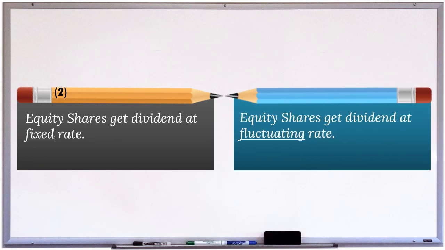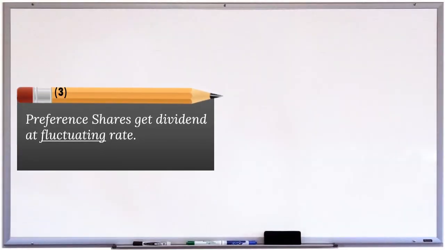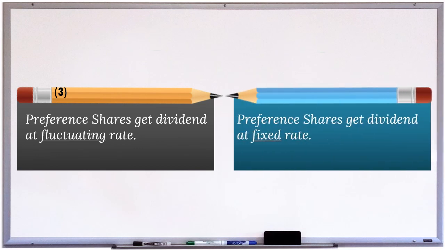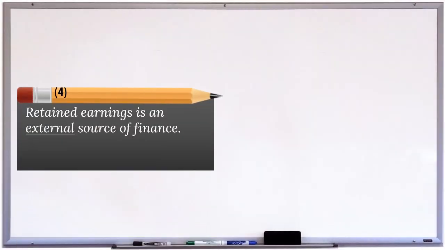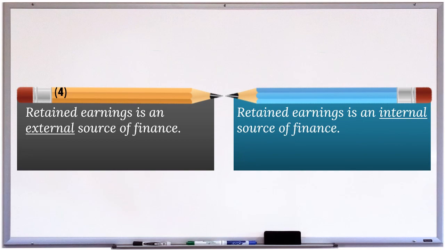Equity shares get dividend at fluctuating rate. 3. Preference shares get dividend at fluctuating rate. Answer. Preference shares get dividend at fixed rate. 4. Retained earnings is an external source of finance. Answer. Retained earnings is an internal source of finance.